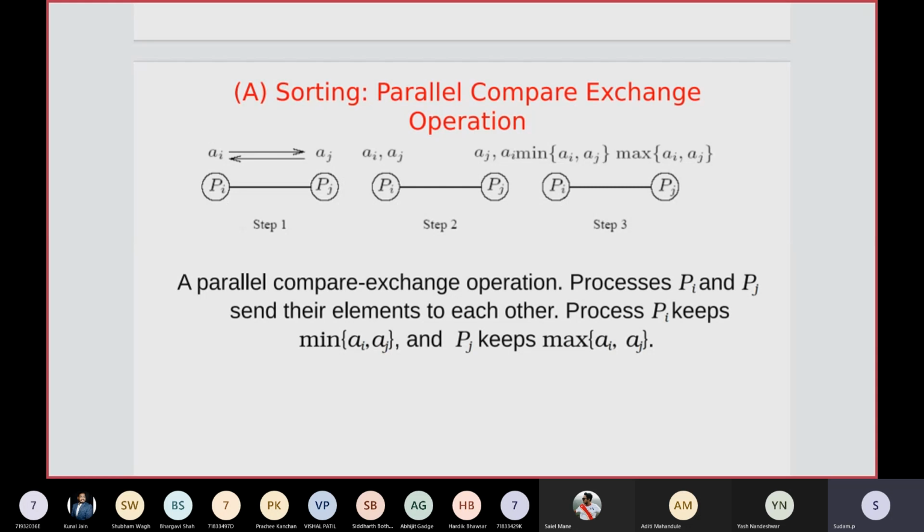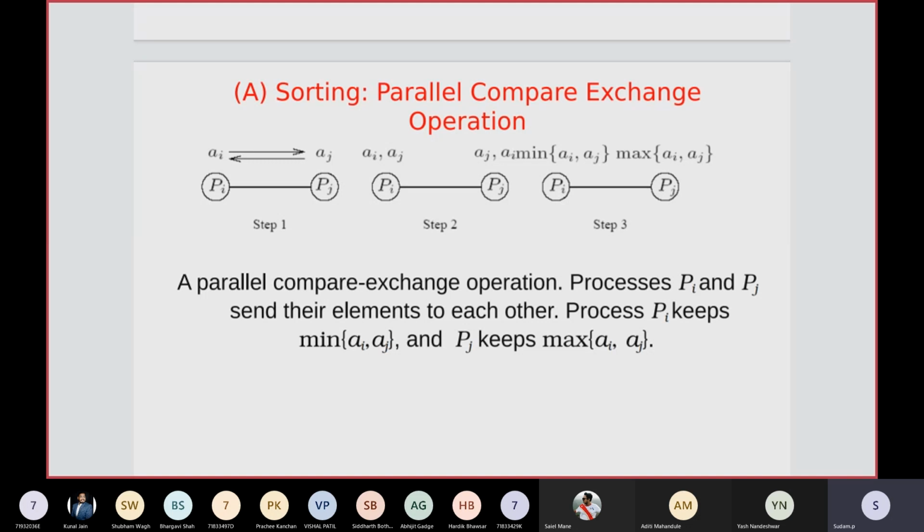The minimum element, min of Ai Aj, will be stored as a local sequence in Pi's memory, and the merged elements in the case of Pj will be stored in the local memory of processor Pj.